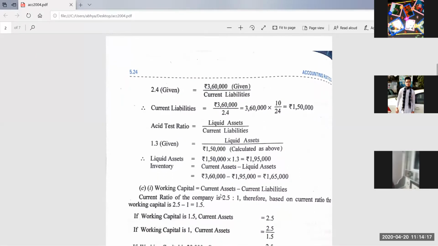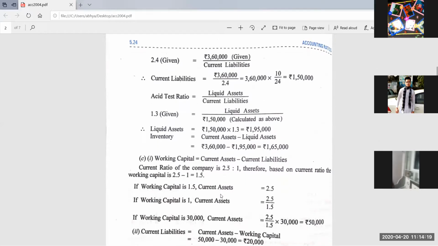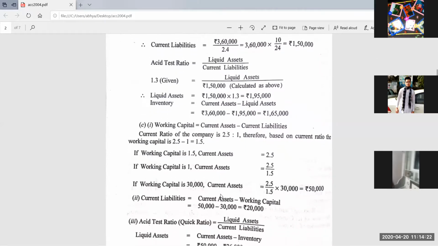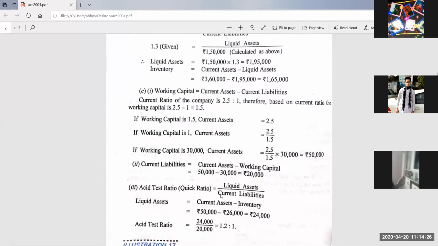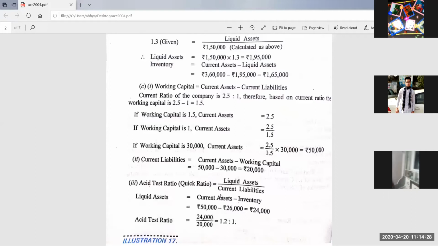So the third question was again of the similar type, and here is the solution. You can see the solution. Current ratio of the company given in the question is 2.5 and the working capital was also given. By using the working capital we can find out the current assets, that is 50,000.